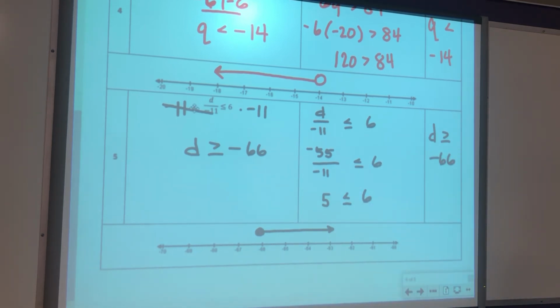Your homework tonight is 6 through 10. Five problems. Be very, very careful. You don't always have to reverse your inequality symbol. You only have to reverse when your coefficient or your denominator is negative.